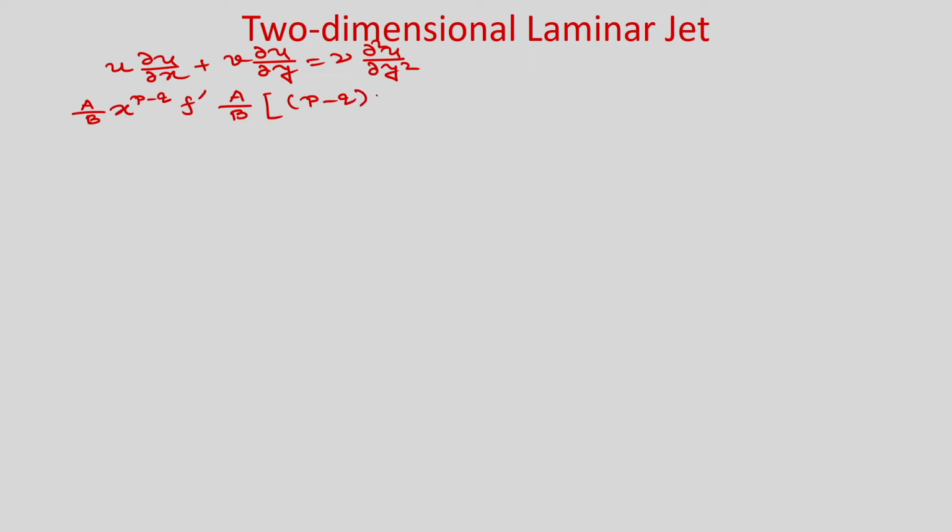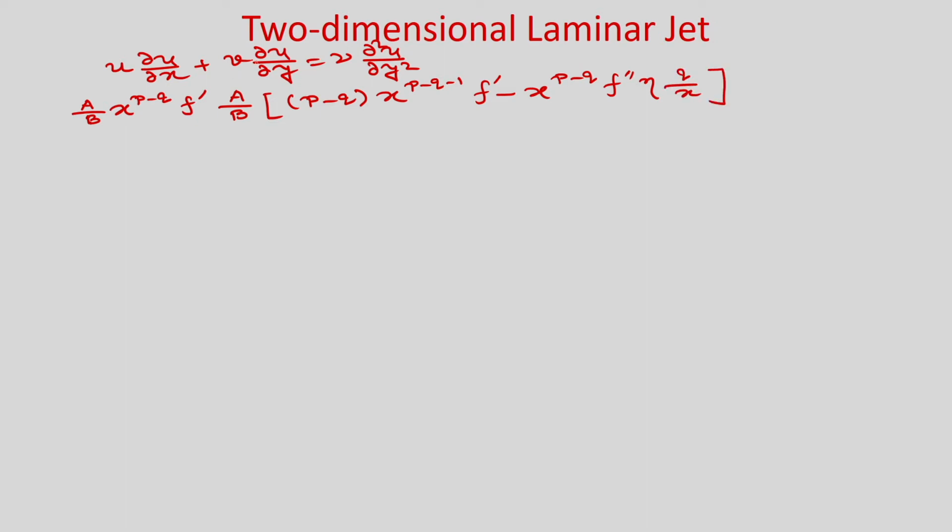So, we have equation u del u by del x plus v del u by del y is equal to nu del 2 u by del y square. So, now let us put all the values. So, if you put it, we have written u as a by b x to the power p minus q f prime, del u by del x a by b p minus q x to the power p minus q minus 1 f prime minus x to the power p minus q f double prime eta q by x.